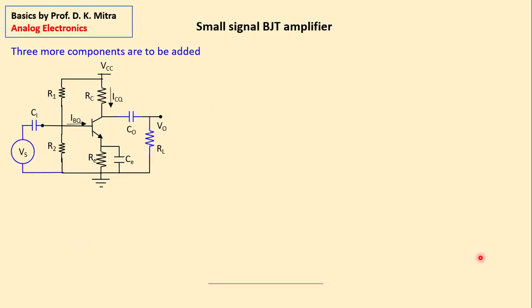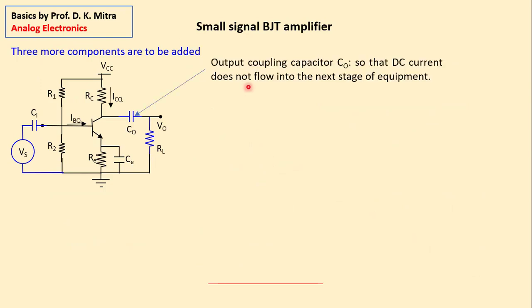Next, more components are to be added. These are essential components, which make the amplifier a little bit clumsy looking, but we have no option. One is the output coupling capacitor CO, which was not there. Why this? So that the DC current does not flow into the load.